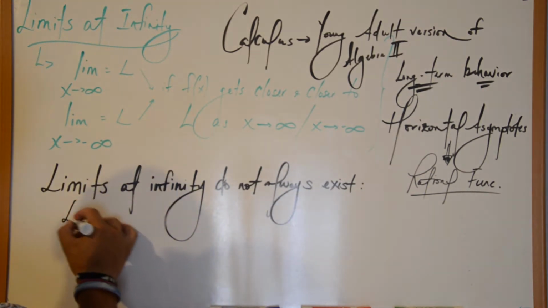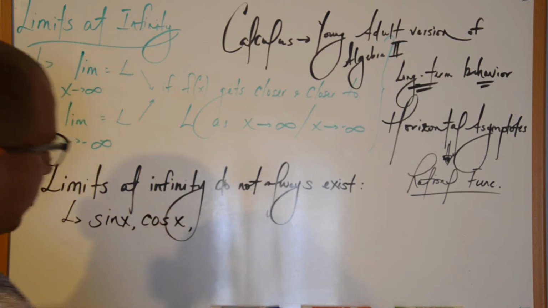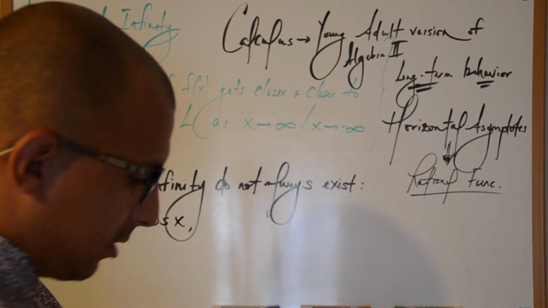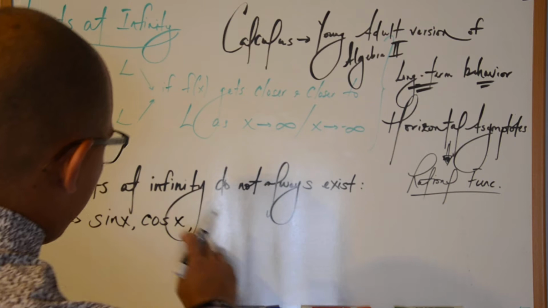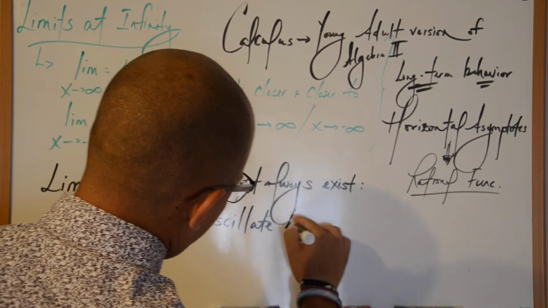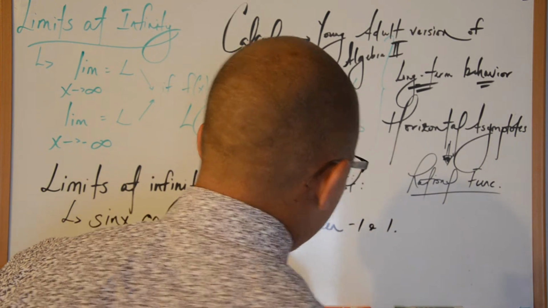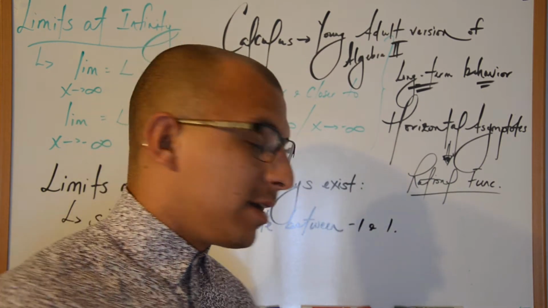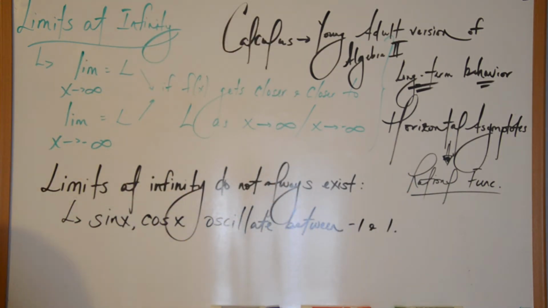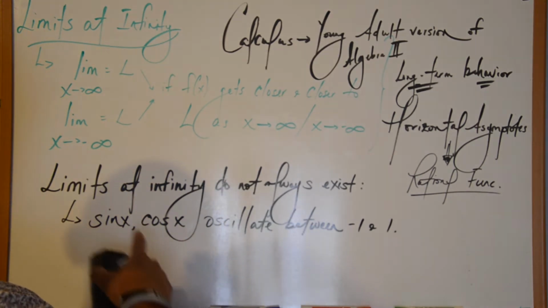There are my favorite functions, sine and cosine, because they love to constantly oscillate between -1 and 1, so they can't seem to make up their mind, therefore we lose hope in them and move on.